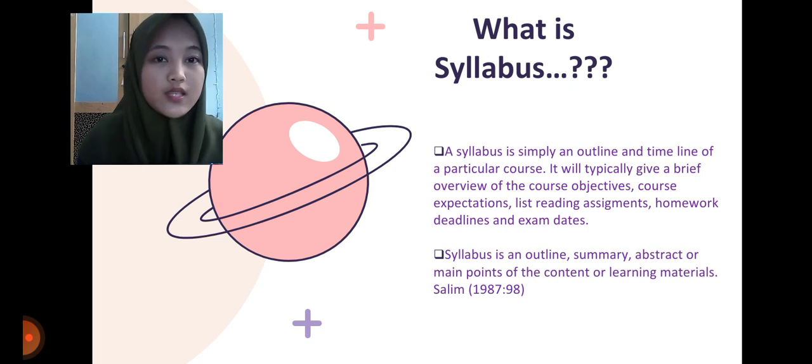And then what is syllabus? A syllabus is simply an outline and timeline of a particular course. It will typically give a brief overview of the course objectives, course expectations, and then list reading assignments, homework deadlines and exam dates.